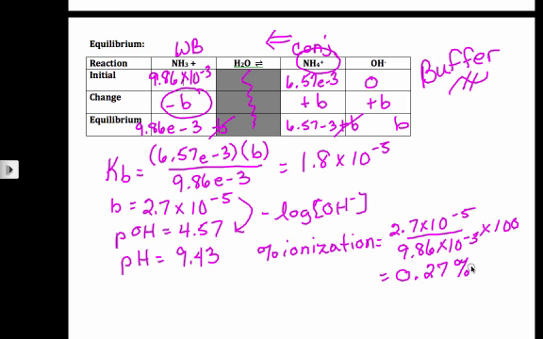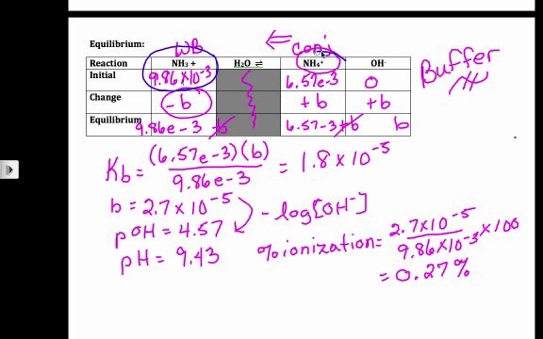Okay, we are going to do a similar calculation with our base and our acid. We're going to see, though, that we're going to push this neutralization a little further. In this example, we had a partial neutralization. I say partial neutralization because I still have some of my original base left.